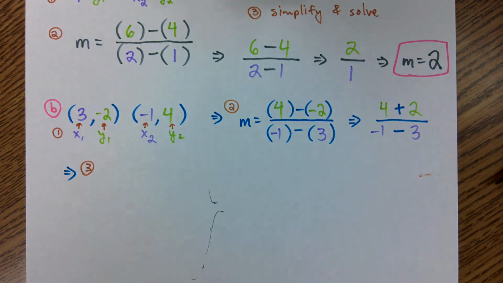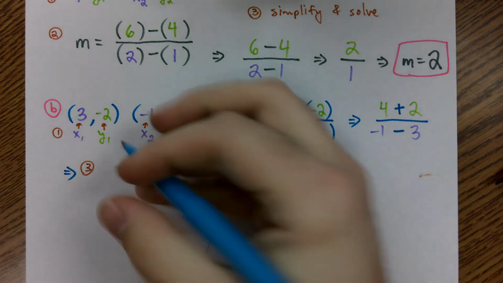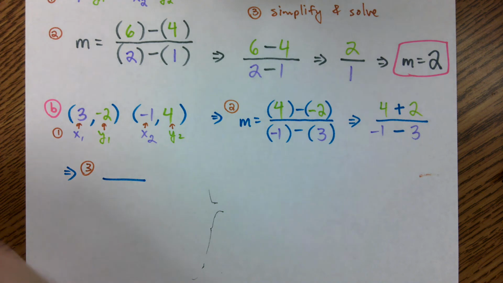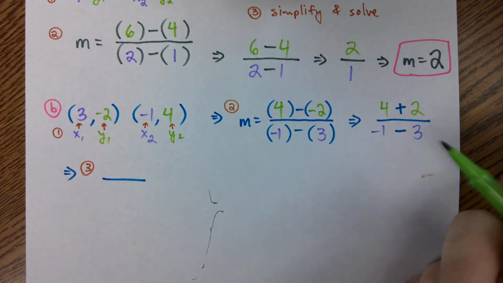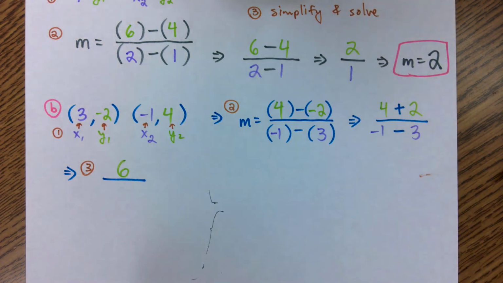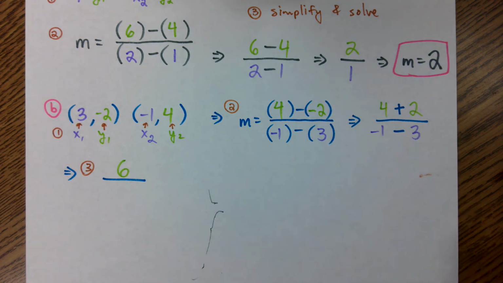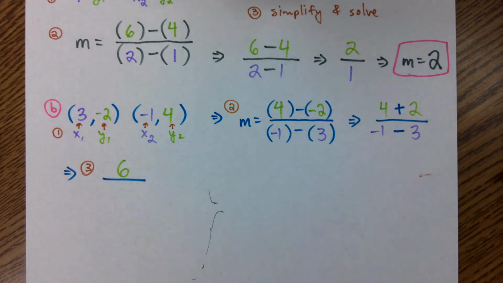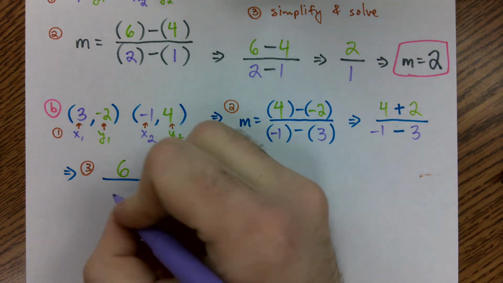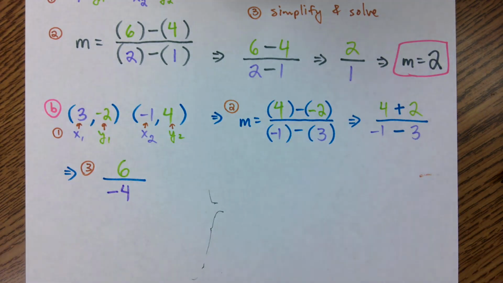And step 3 is to simplify and solve. So on the top we have 4 plus 2. What's that give us? 6. And on the bottom we have negative 1 minus 3. What's that going to give us? Negative 4. Exactly. Can we simplify 6 over 4? It looks like we can, right?